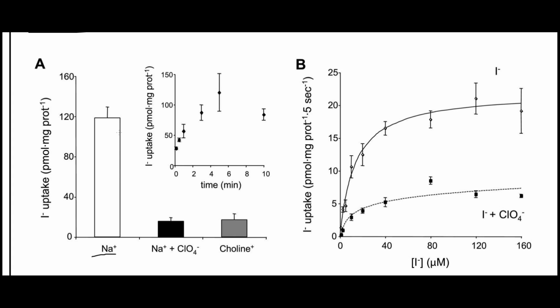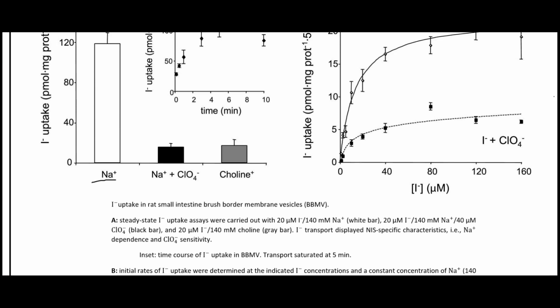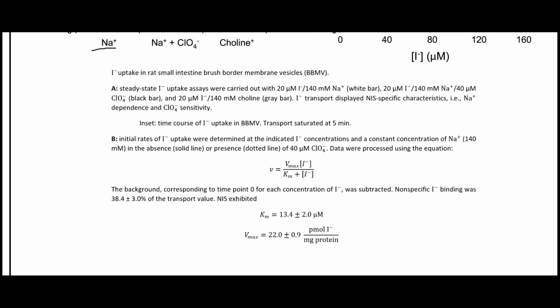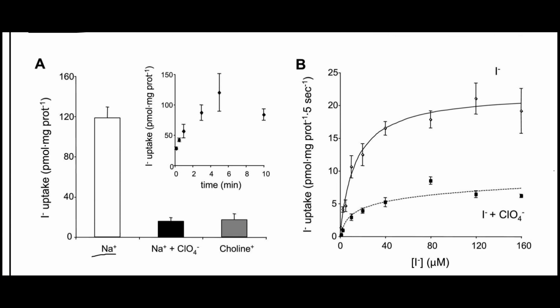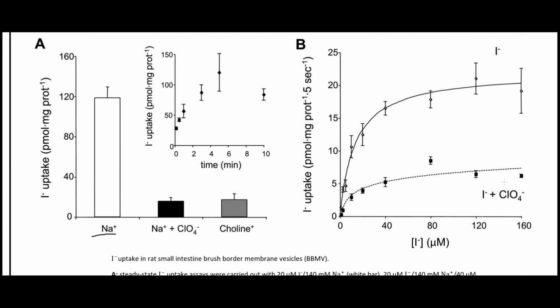What they wanted to show in this paper is that NIS is actually expressed on the apical surface of the enterocytes. So they were looking at expression of these proteins on the apical surface of the enterocyte. And what they see here is that, this is looking at the ClO4, the perchlorate inhibitor, with the iodide, and then with the iodide alone.